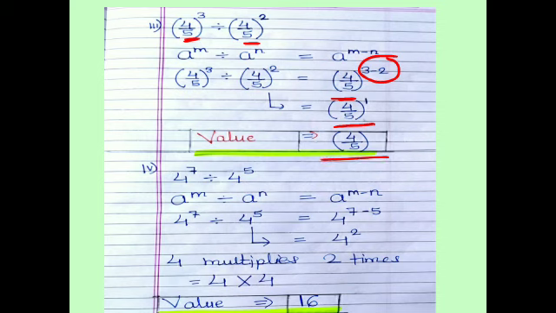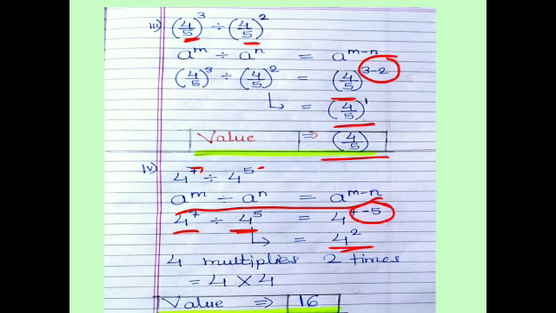Now the fourth sum. 4 raised to 7 divided by 4 raised to 5. Apply the rule of division, that is the second rule of indices. Substitute the value and subtract the index number. Here the common base is 4. So 4 raised to 7 minus 5, so 4 raised to 2. 4 raised to 2 is the same as the second example.